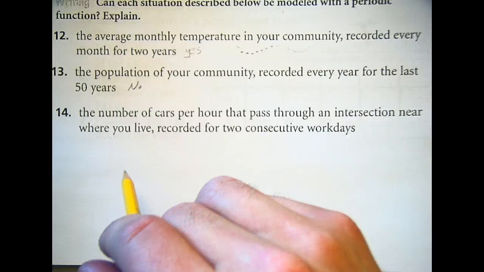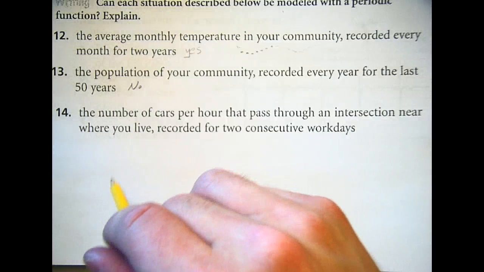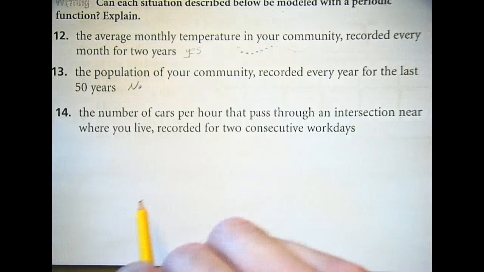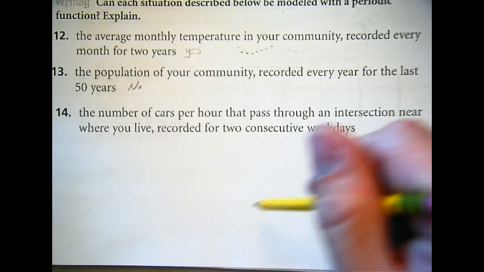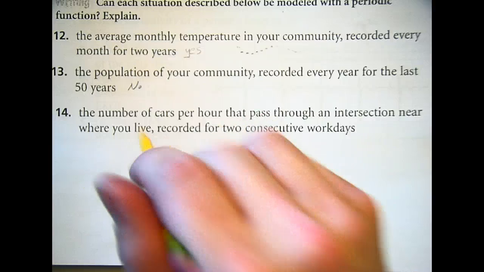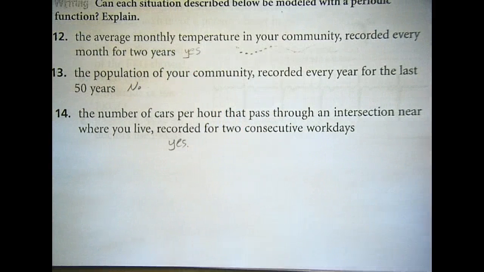No, probably not as much. So as you progress through the day, at different times of the day, that intersection is traveled heavily on school days. Now on a Saturday, it may not be as bad. Most likely not. So this would also be periodic. All right, with your explanations. Should have explanations in there.